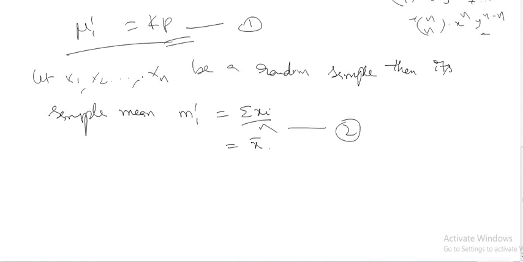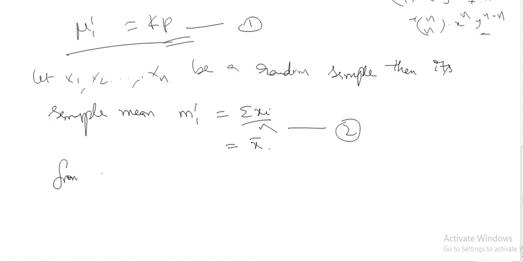So almost the expression is the same. But in the extra class also I told you, many distributions are there, hundreds of distributions, and for those it's not similar. Here we have standard distributions, so mostly they are coinciding.